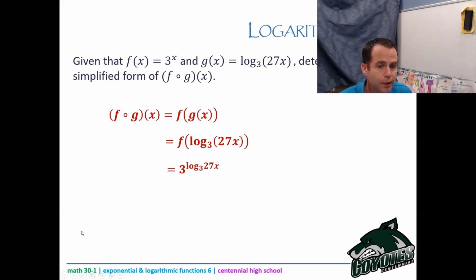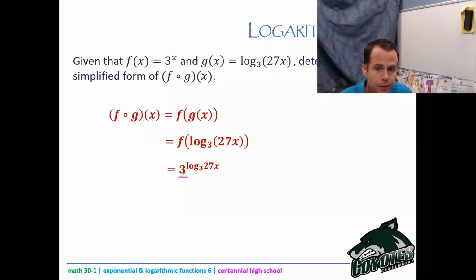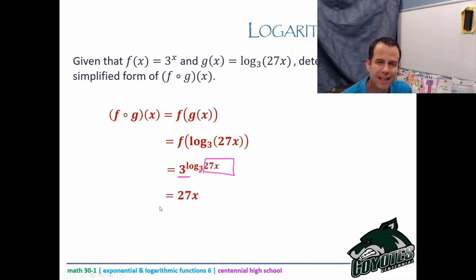Now, before you get freaked out about that, a reminder, the base here and the base here are the same. When that happens, you're just left with what you were taking the log of. So the answer becomes 27x. But I need to think about restrictions here.